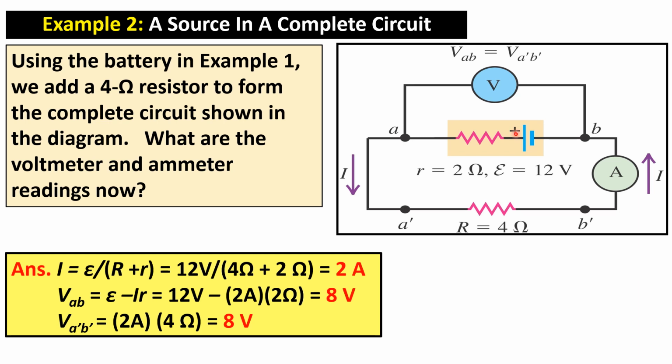So we can imagine also that the high potential end of the battery, the positive terminal, repels the positive charges and forces them to move around in a counterclockwise direction.